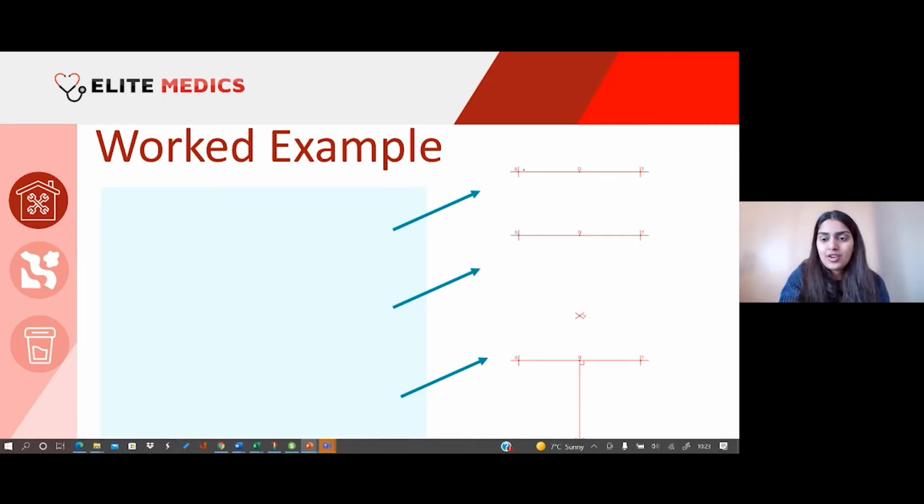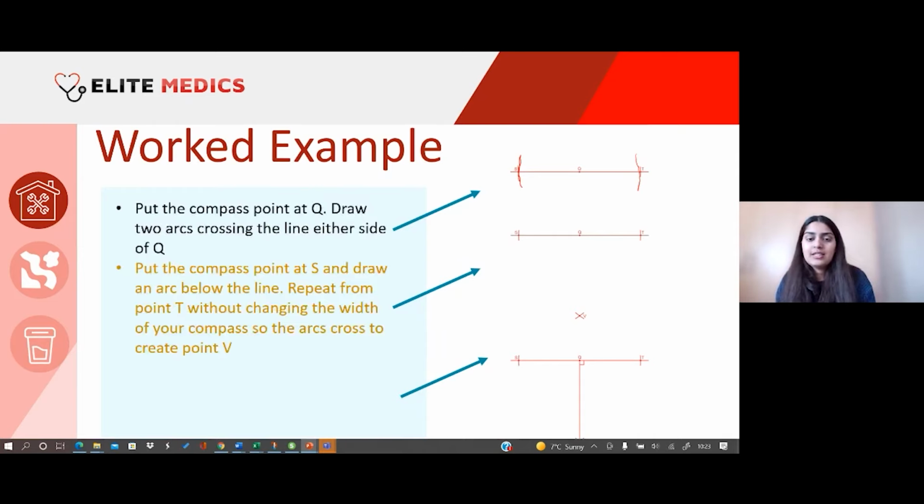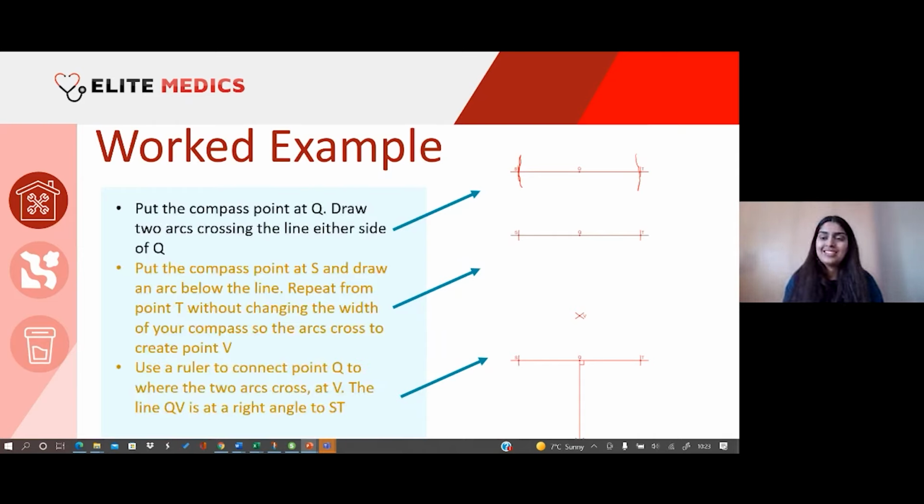Make sure that you use the same width of the compass on this side to create an S and on this side to create a T. I'll give you a couple of seconds to actually draw the S and the T on using your compass.